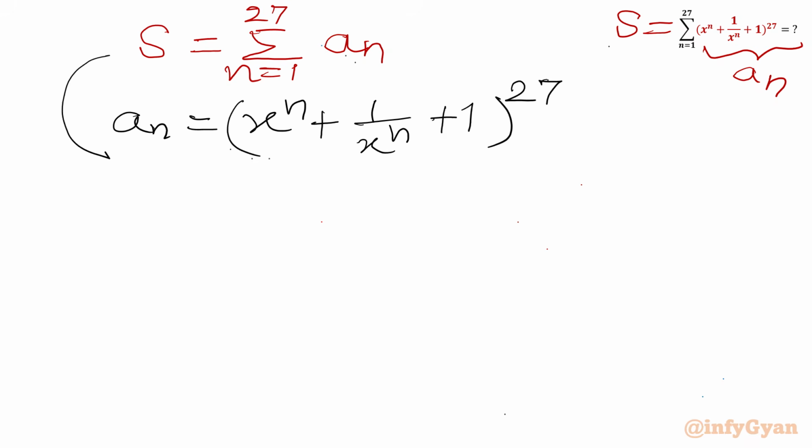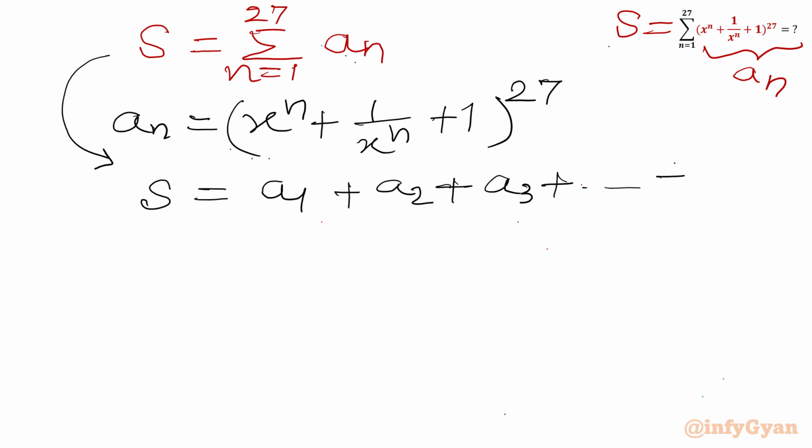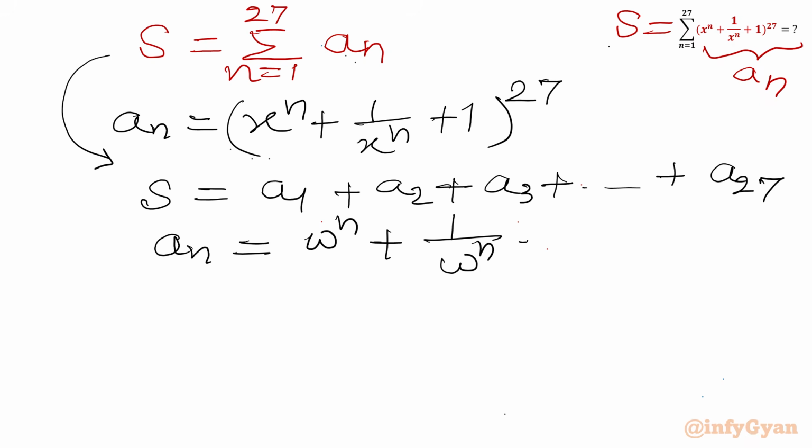So I can write the sum S will be equal to a1 plus a2 plus a3 up to a27. Now I will plug in x equal to omega. So I can write an equal to (omega power n plus 1 over omega power n) plus 1, whole power 27.